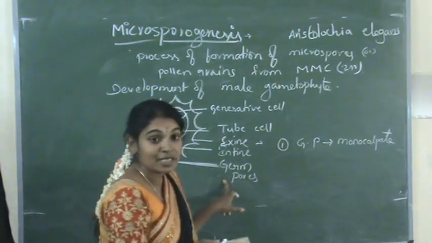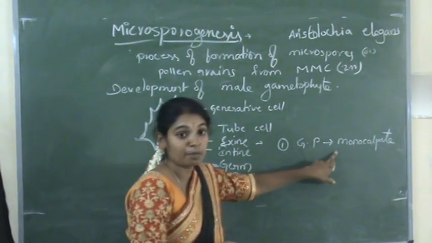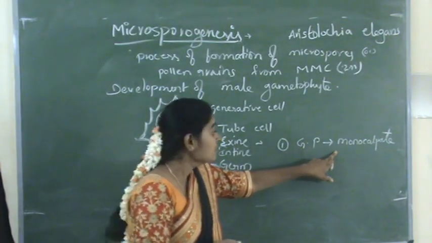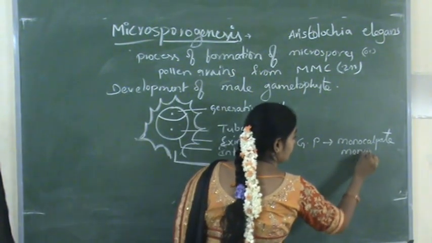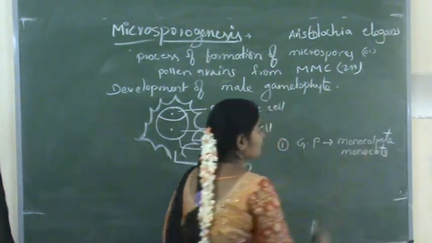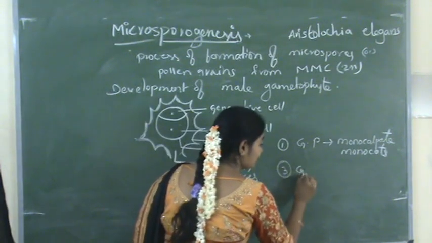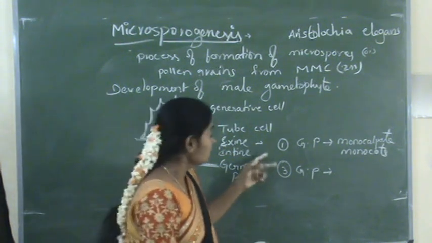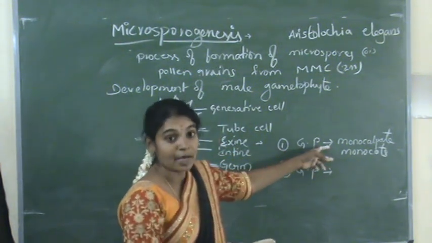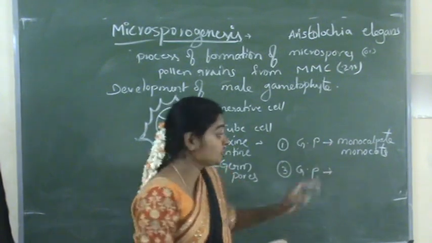On the basis of the number of germ pores, the monocolpate type of exine is present in monocots. And generally there are 2 types of pollen grains, with 1 germ pore or with 3 germ pores.